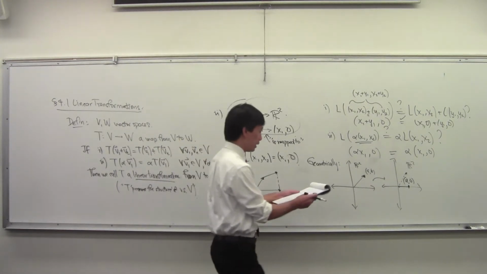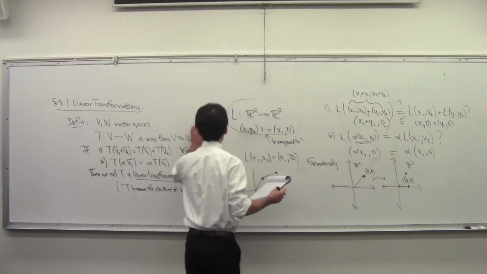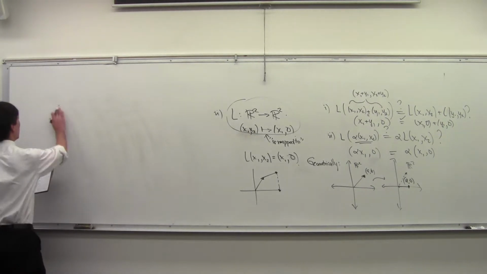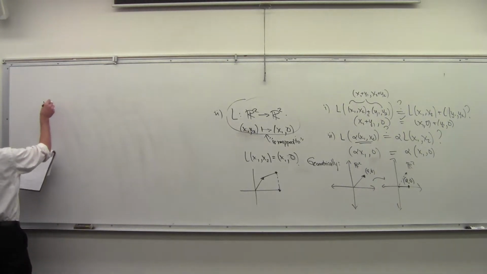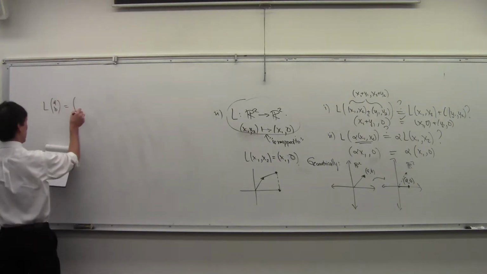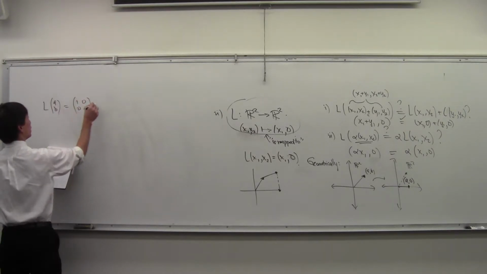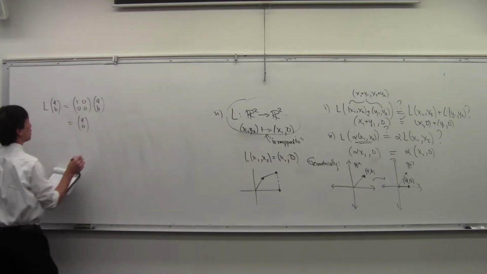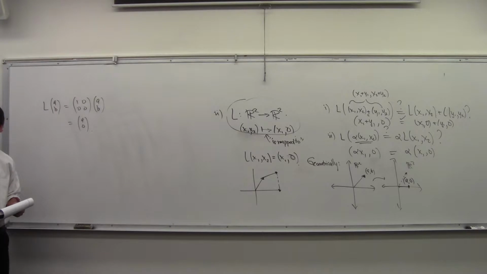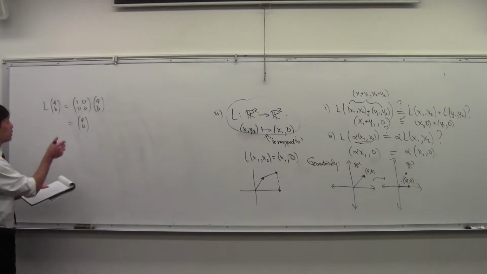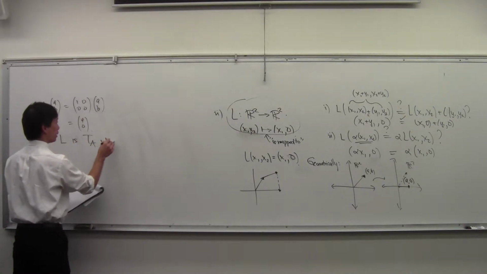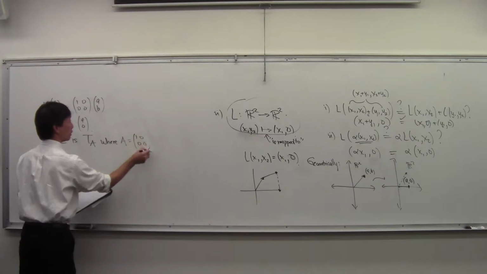Another thing that we could observe is that L of (a, b) is the same thing as the matrix 1, 0, 0, 0 times (a, b), because that's going to give us (a, 0). So in other words, L is T sub A, where A is the matrix 1, 0, 0, 0.